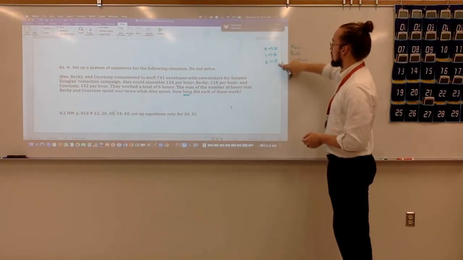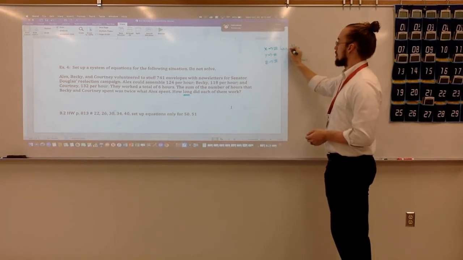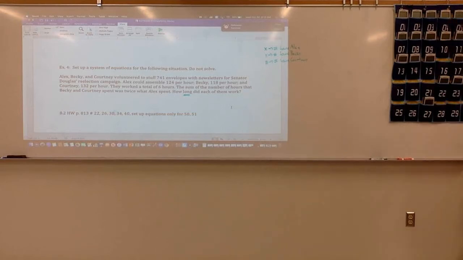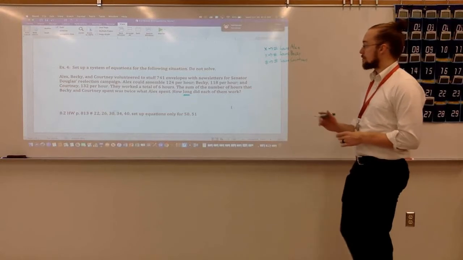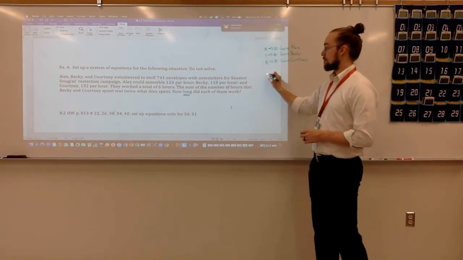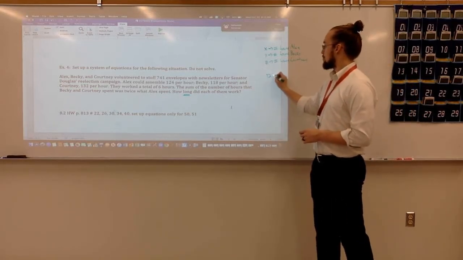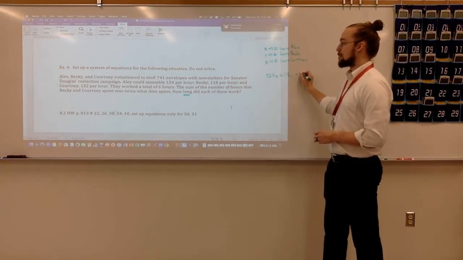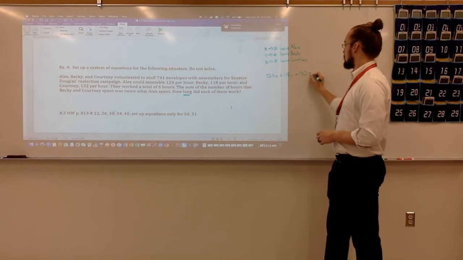We'll say hours for Alex, hours for Becky, and hours for Courtney. I didn't read the last line of the problem. We want the number of hours. So you set it like 741 equals 124x plus 118y plus 132z. So my first equation could be 124x plus 118y plus 132z.